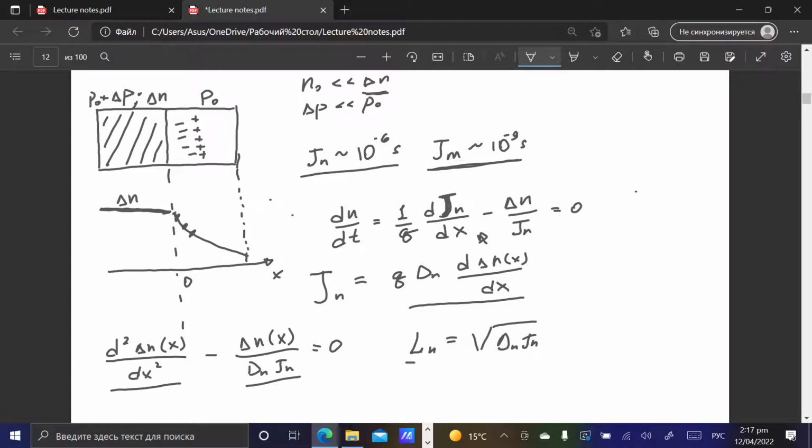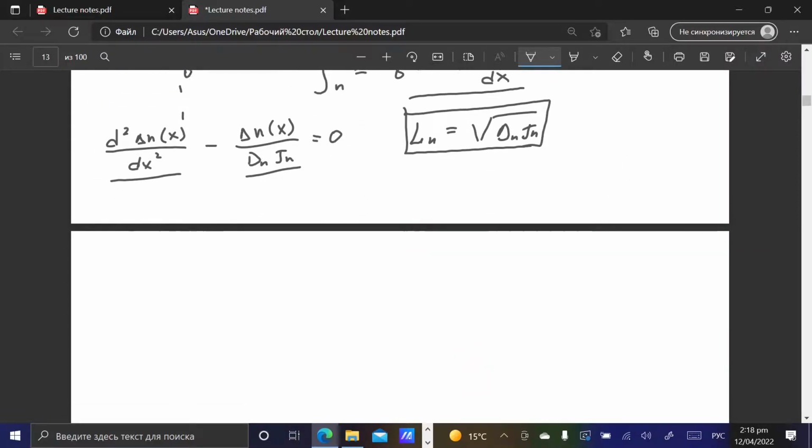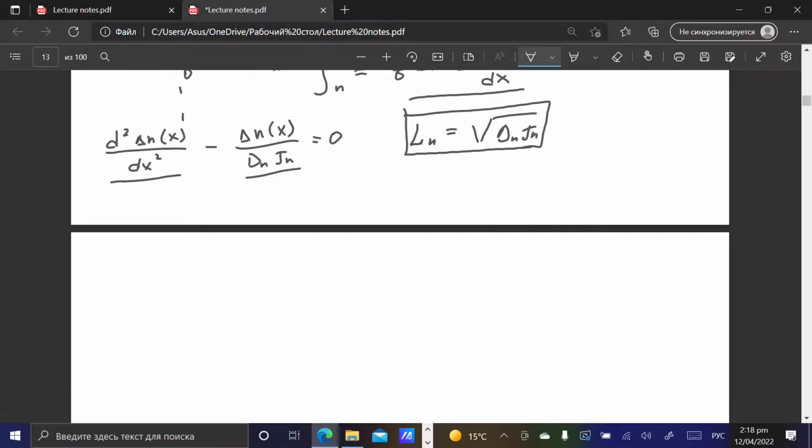So Ln is the diffusion length of minority electrons in this p-type semiconductor. With this we can write the final expression for our differential equation: d squared delta n of x divided by dx squared, minus delta n of x divided by Ln squared, equal to 0.